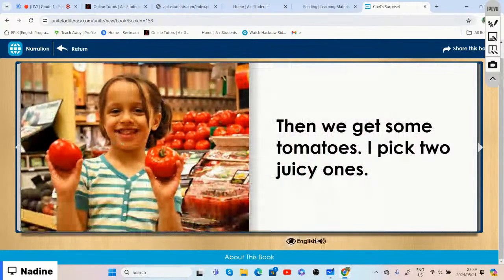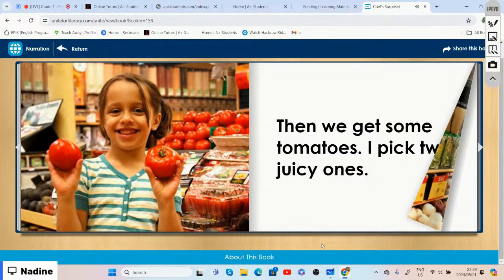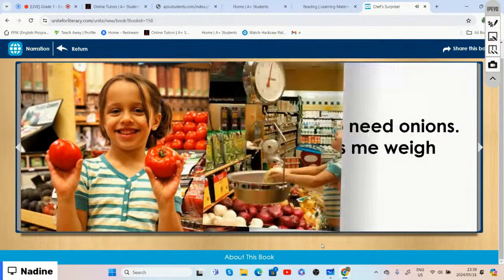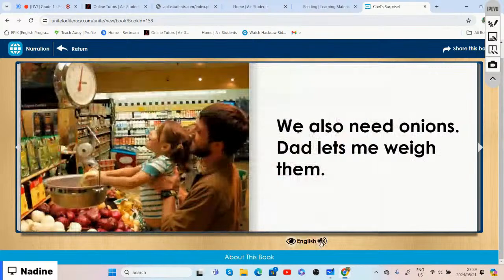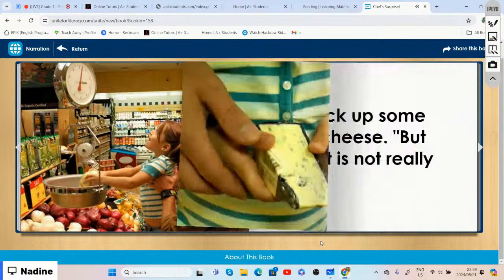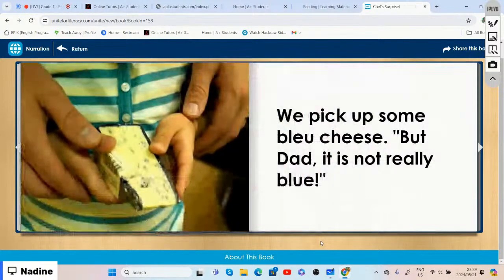Then we get some tomatoes. I pick 2 juicy ones. We also need onions. Dad lets me weigh them. We pick up some blue cheese.